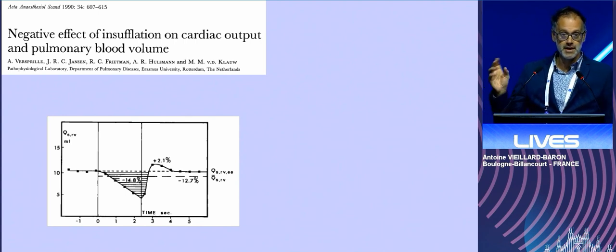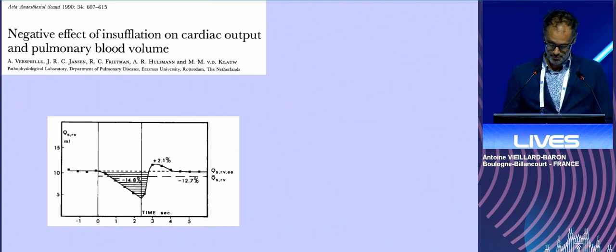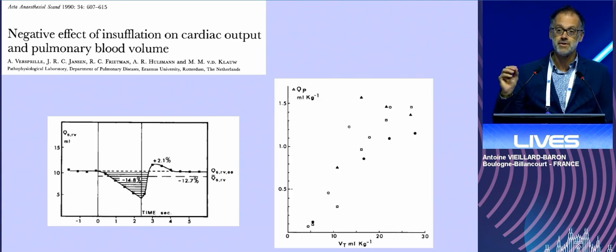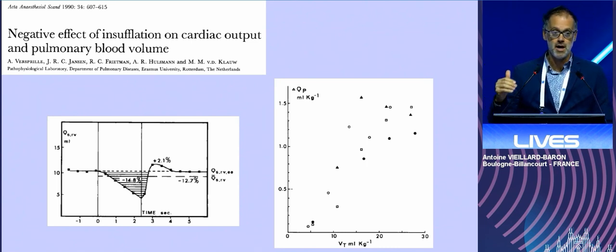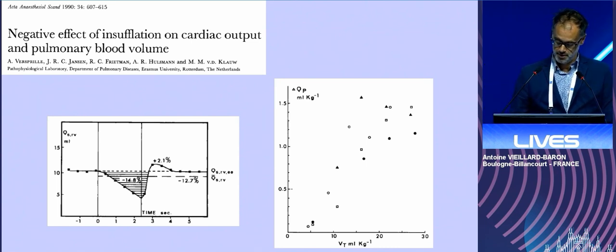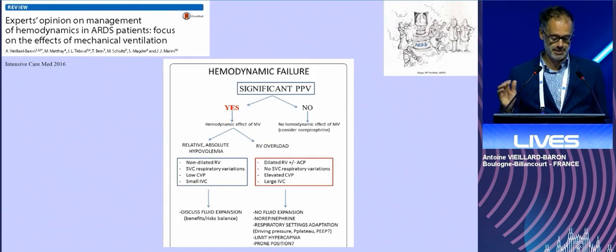You see that during tidal ventilation they lost around 15% of blood from the pulmonary circulation, and it was very nicely correlated to the tidal volume. The higher the tidal volume they applied, the higher the loss of blood in the pulmonary circulation. And so this is exactly what I do.